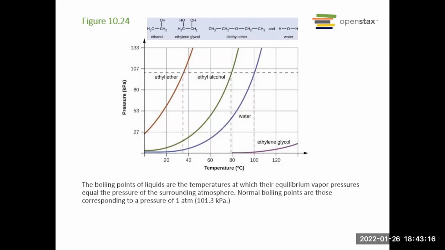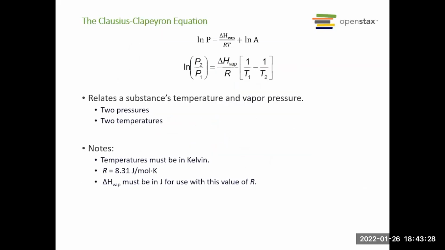Okay, so we know that vapor pressure is going to be dependent on temperature, right? So let me show you how. This is the Clausius-Clapeyron equation. It basically allows us to calculate our vapor pressure.